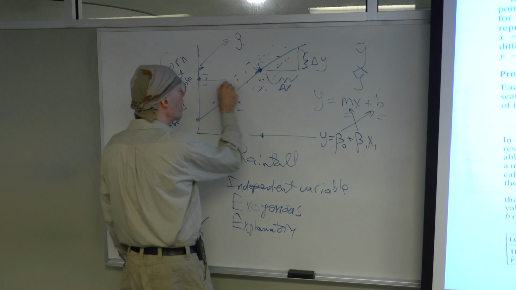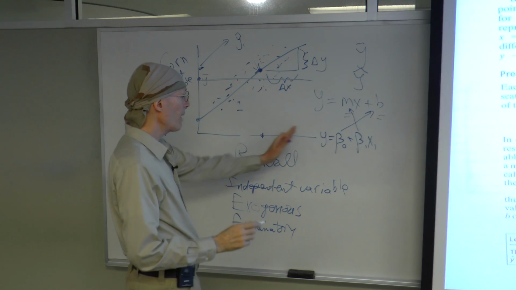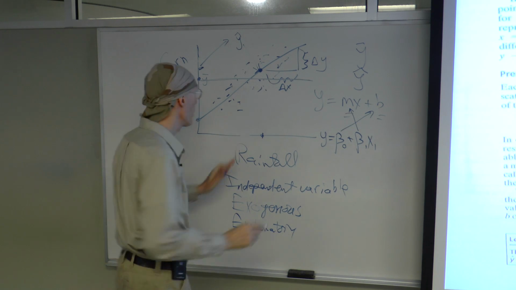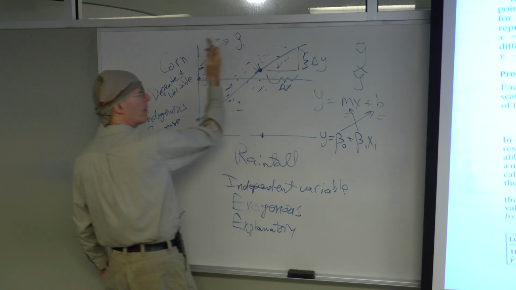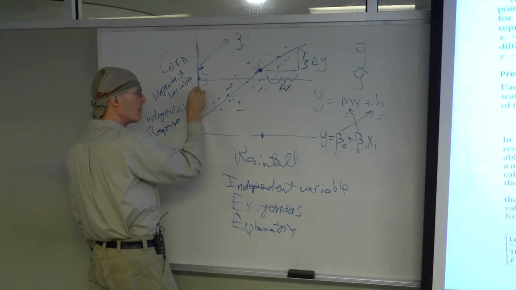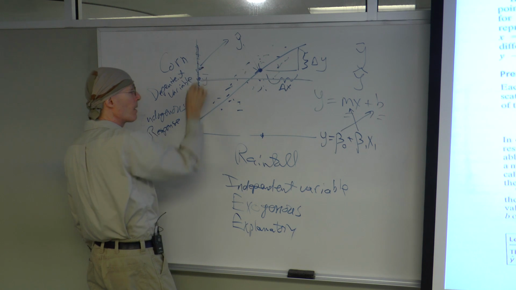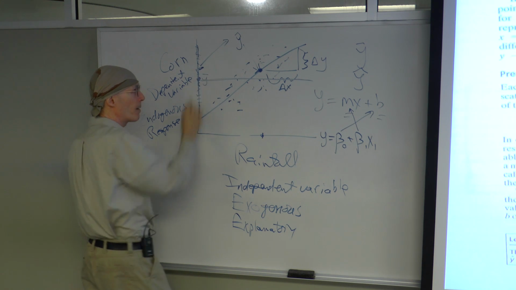Meaning, I have a y bar here, that's the average. I don't have any information for rainfall, so all of my dots over here get slammed up against the axis here and produce little marks along here. These are the values of y, corn, and this is the average, y bar.